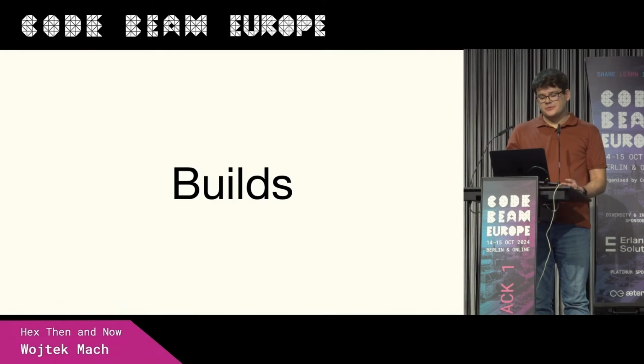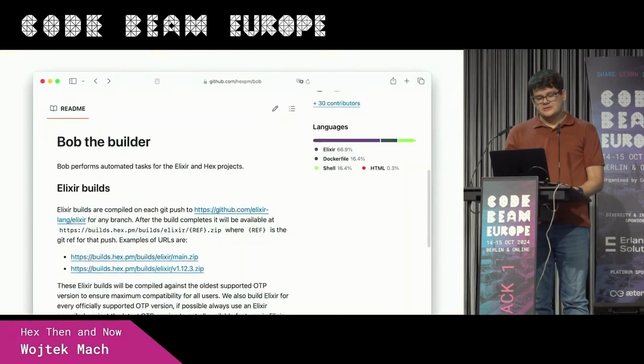But I wanted to use this opportunity to talk about maybe Hex adjacent things that might be interesting to you. So builds. Since the very early days, we had lovingly named project Bob the Builder as part of the Hex project.